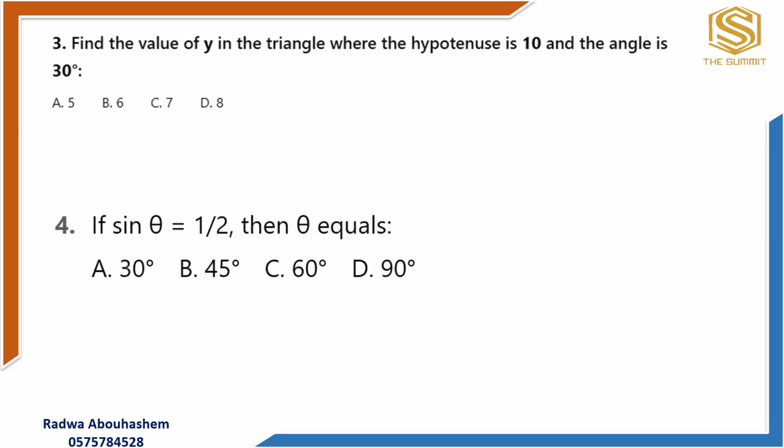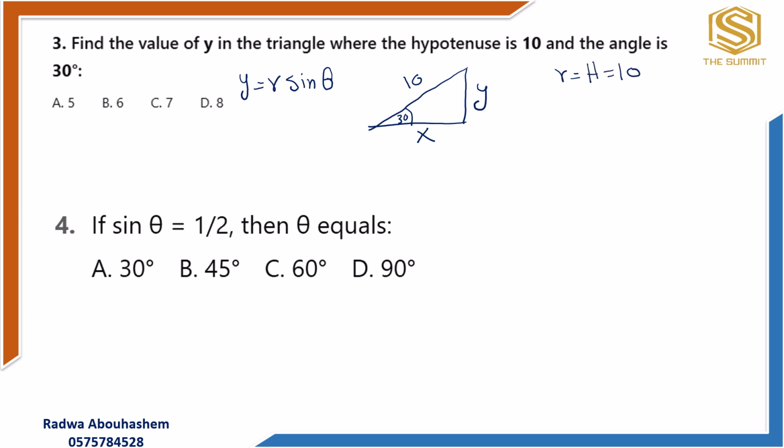Find the value of y in the triangle where the hypotenuse is 10 and the angle is 30. So here's the triangle. This is 10, and this is the angle theta, 30. This is y, and this is x. I need y, and y equals r sine theta. The r here is the hypotenuse, which is 10.